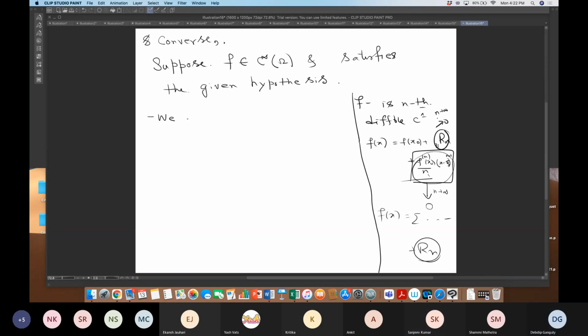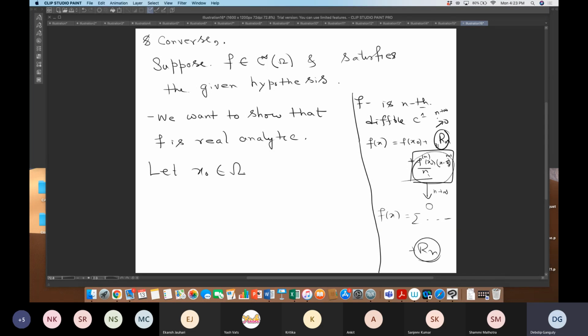So we want to show that f is real analytic. Okay, let x naught belong to omega. So we have to show that f is real analytic at every point.